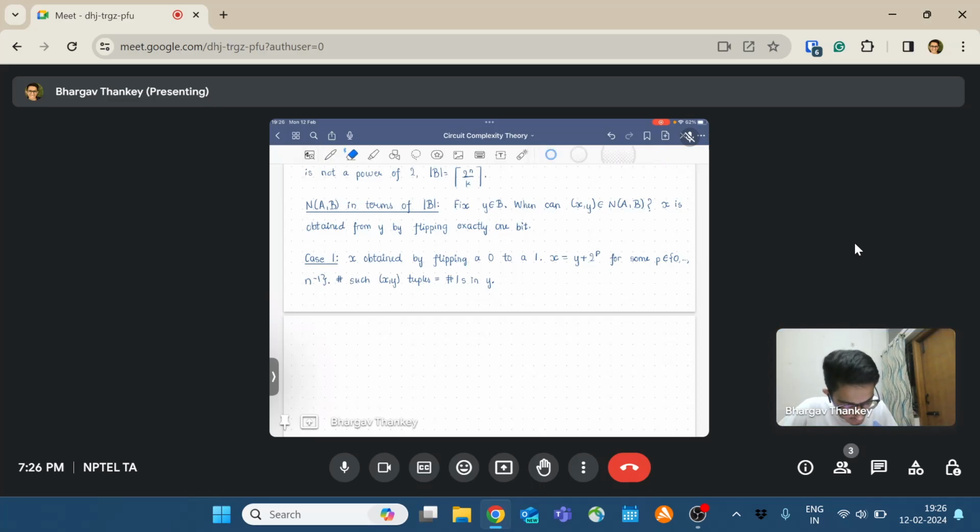Sorry, no, it's zeros in y. Necessary, I don't think it would work. Right? Because you can't get an x by flipping any zero.